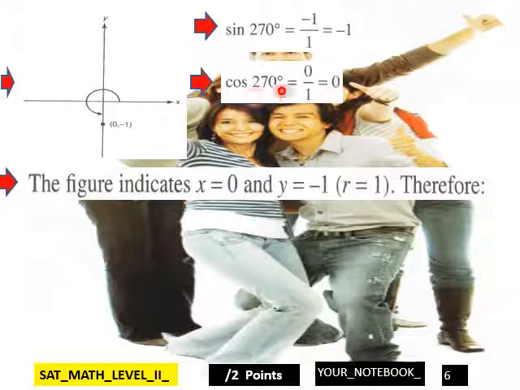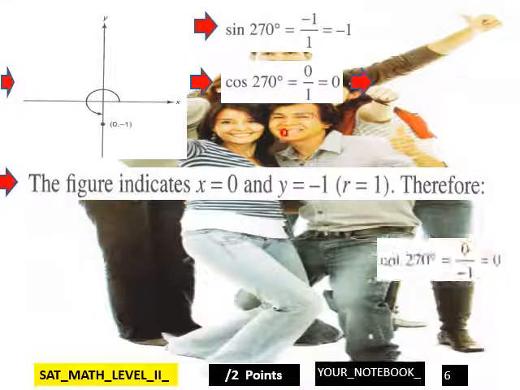And then cosine 270 would equal 0, because now instead of y over 1 as with sine, we have x over 1. Our x value here is 0, so that's why we get that 0 value.